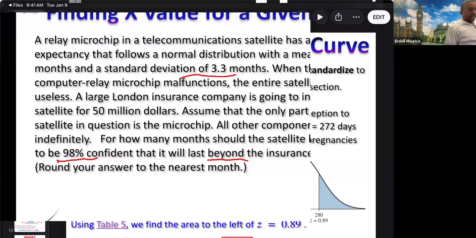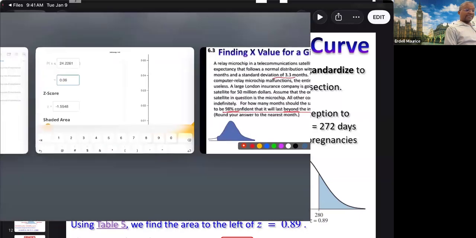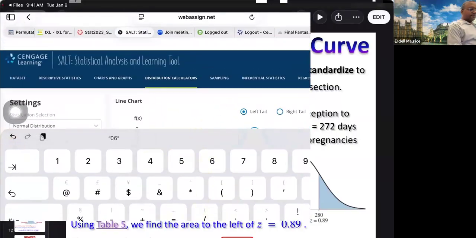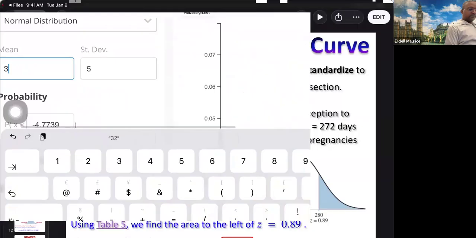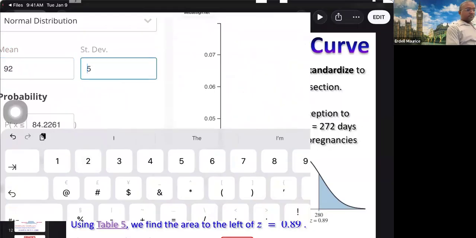Let's go ahead. So again, you have your picture right here. The key thing is we're looking for a number down here because we want them to go beyond this date. So what's the mean? The mean is 92 months. What's the standard deviation? 3.3 months.